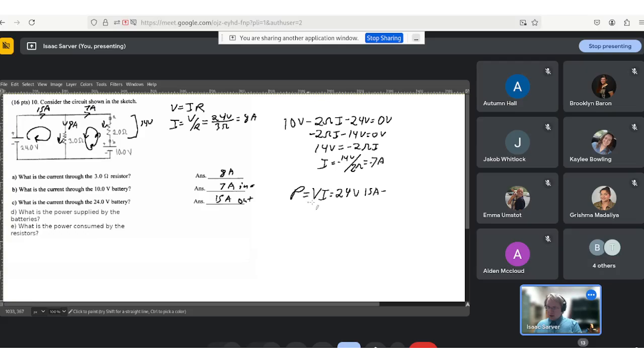The other battery, this one here, is actually receiving power. So he's minus 10 volts at 7 amps, if I read this right. Now we're going to find out whether this is going the way I think it does. 24 times 15 minus 10 times 7. So that's 290 watts.